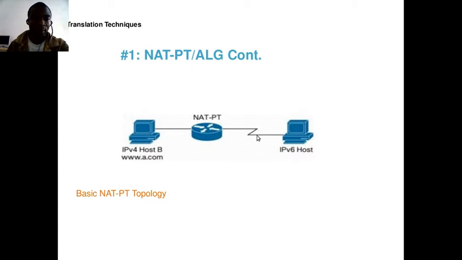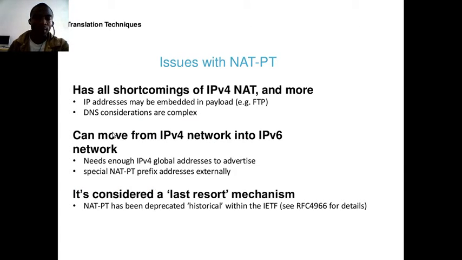So we have a sample topology of NAT-PT here, where we have an IPv4 host B, which has to communicate with an IPv6 host. So we should enable NAT-PT at the edge on our router here to enable these two to communicate. NAT-PT has quite a good number of issues.